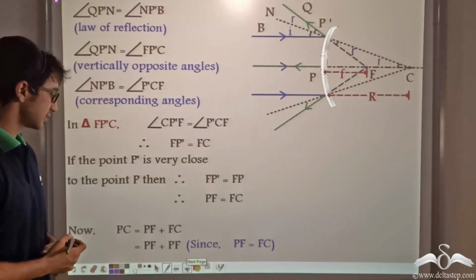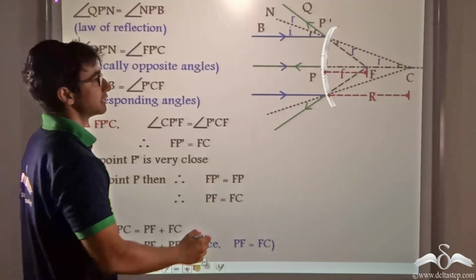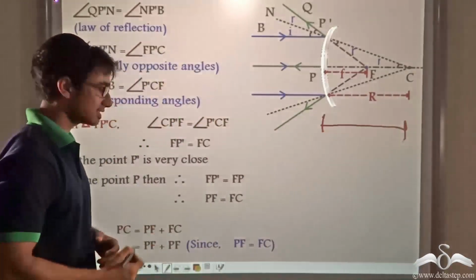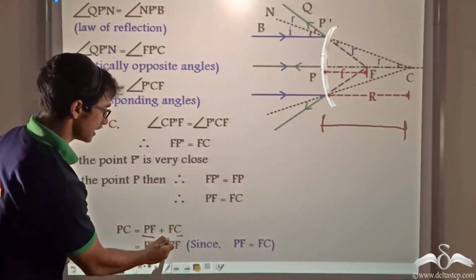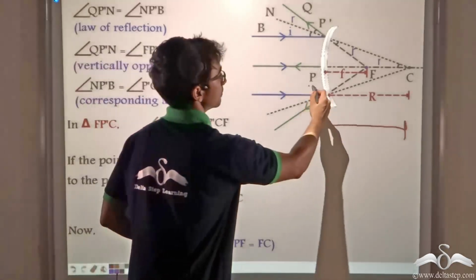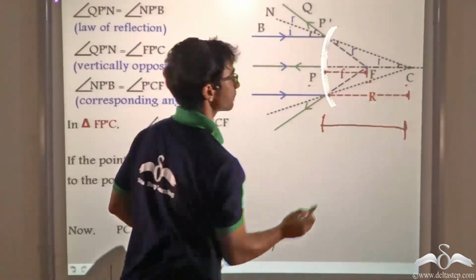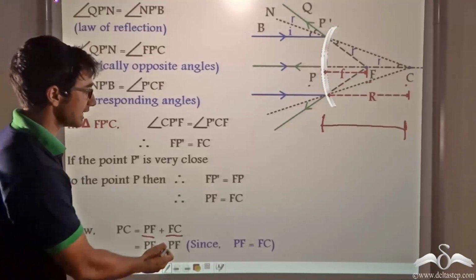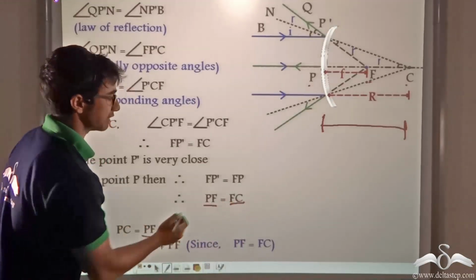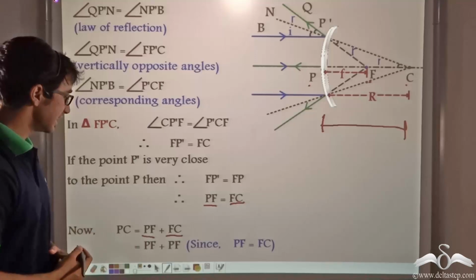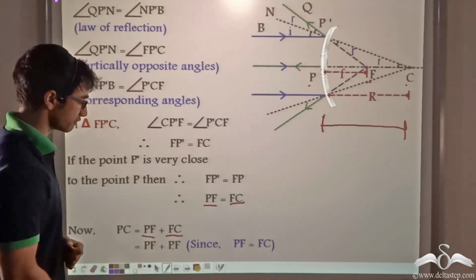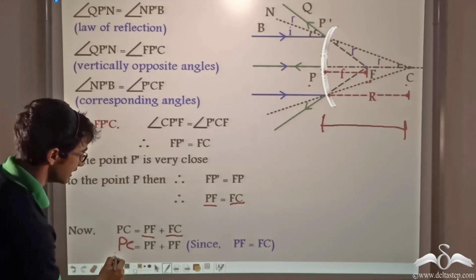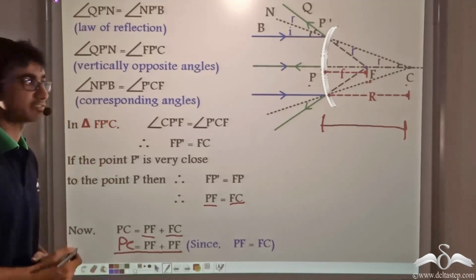So what does this signify? This signifies that we can write this whole length, that is PC, as PF plus FC. And what did we just prove? We proved that PF was equal to FC. So we can replace FC with PF. So now we are writing PC is equal to PF plus PF.